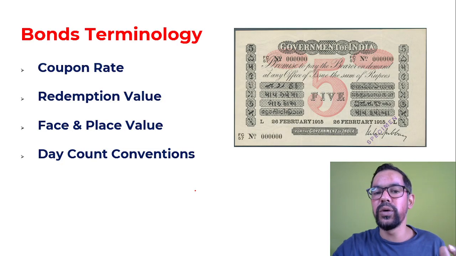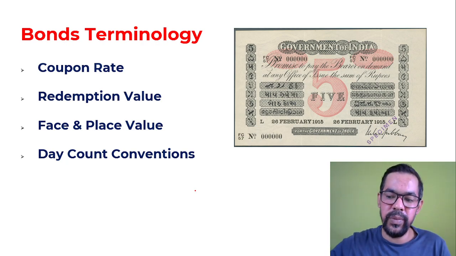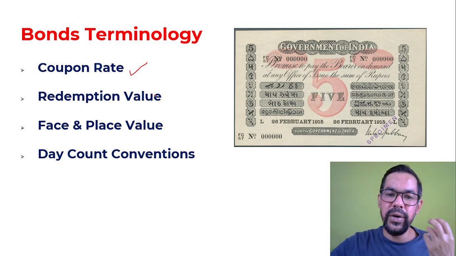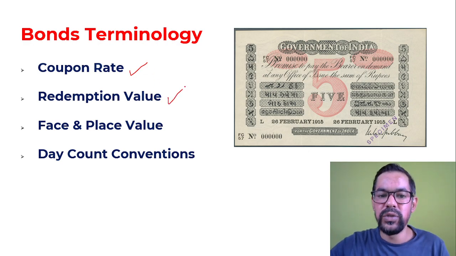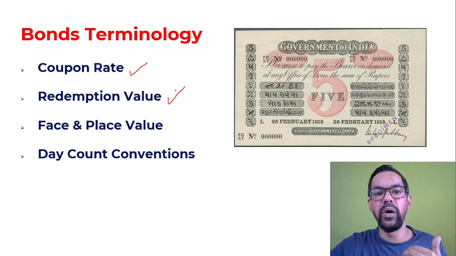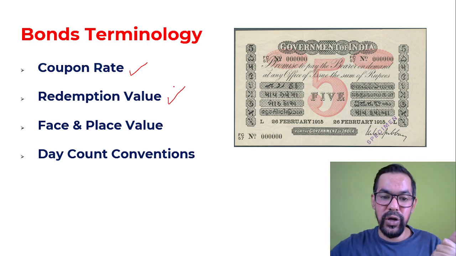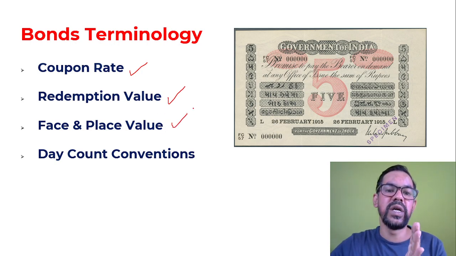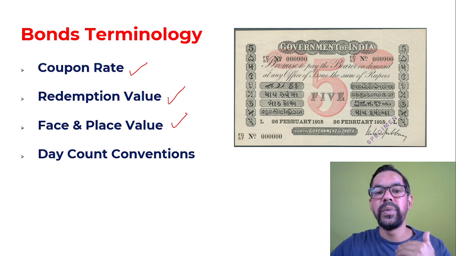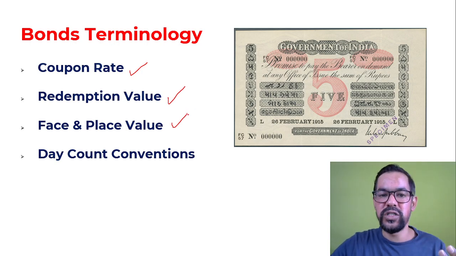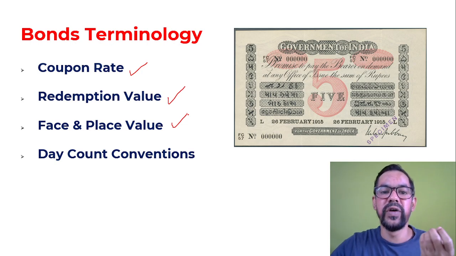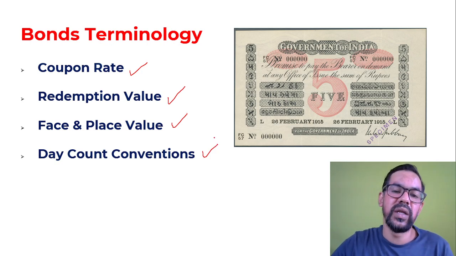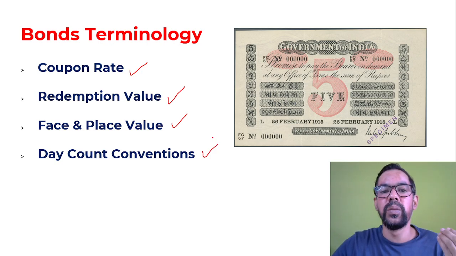Now, the terminologies we already covered in our previous video: we have the coupon rate, which is the interest rate on that bond; the redemption value, which is the value when you redeem the bond or at the time of maturity; the face value, which is stated on the face of the bond; the lot size, the number of bonds invested in by the investor in any specific bond; and the day count convention, which is related to the interest calculation of the bond as well.